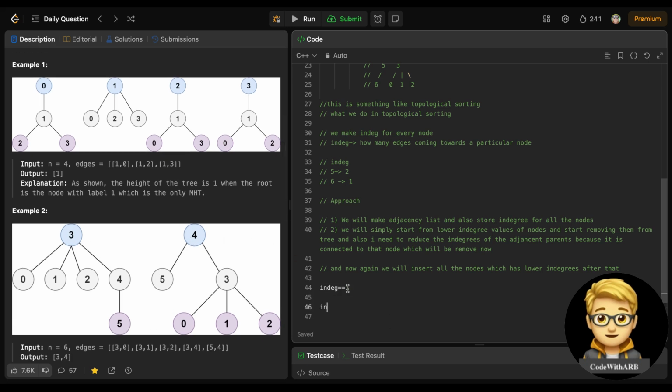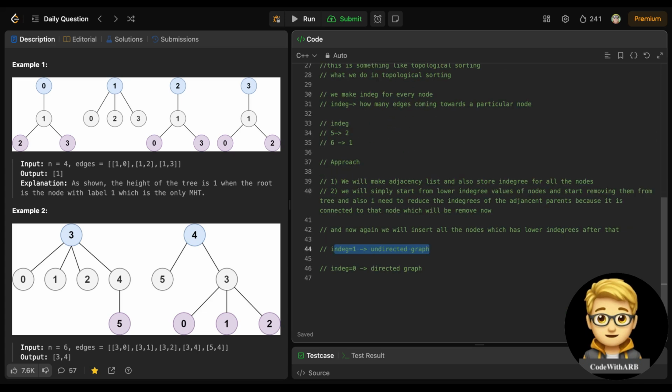If it is a directed graph, then the lowest in-degree possible will be 0, because both are not connected, right? This is for a directed graph, and we have been given an undirected graph, so 1 is possible. So we will push all the nodes which have in-degree equal to 1, right?